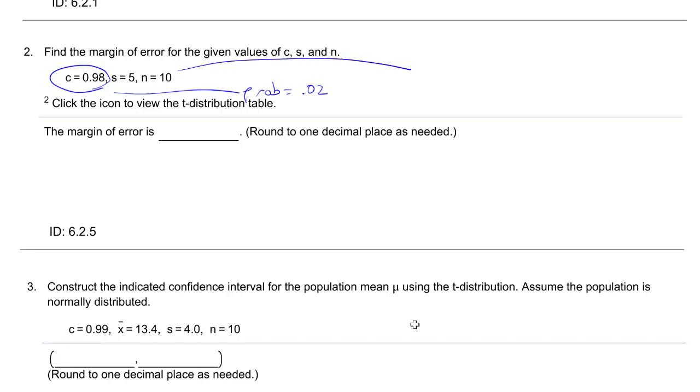And we have n of 10, so we have degrees of freedom of 1 less, so 9. All right, so then we know that our margin of error is our critical value times s over the square root of n.